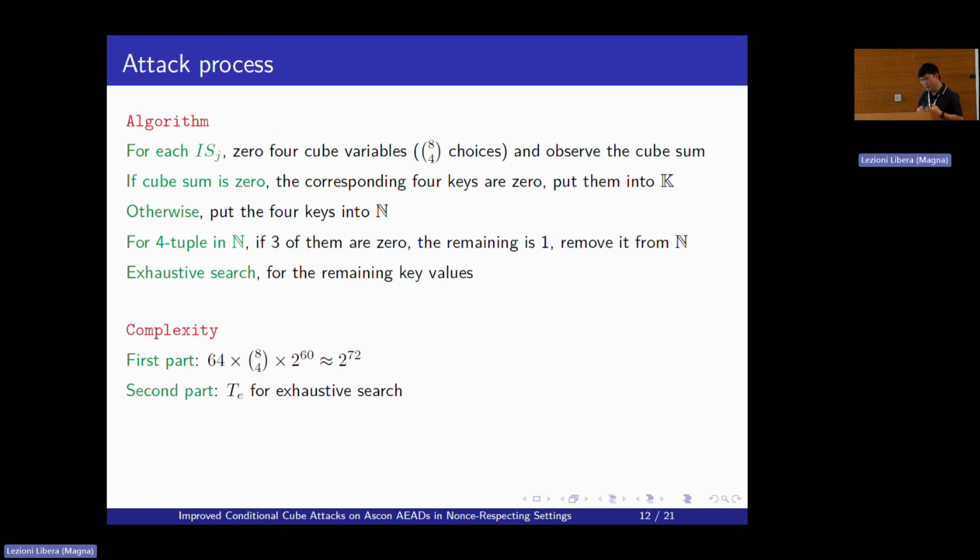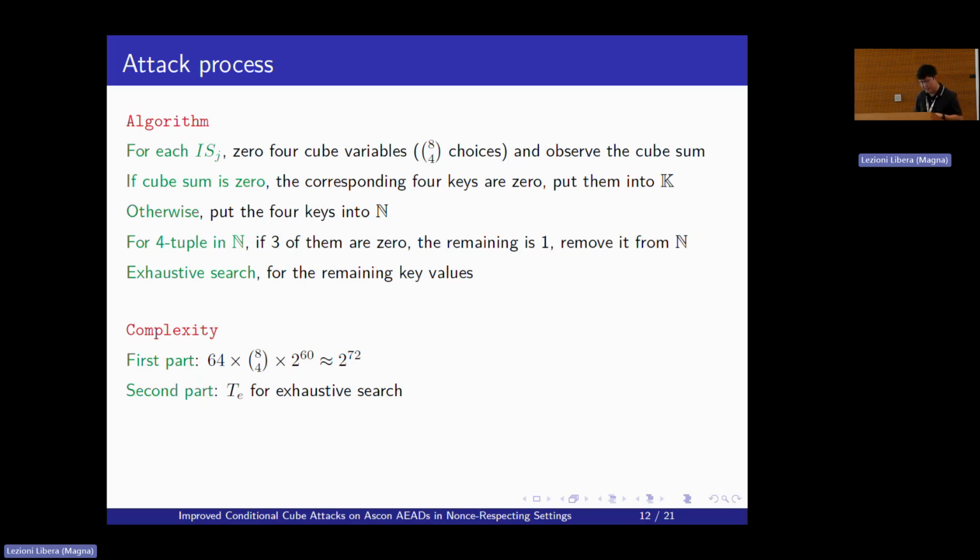If the cube sum is 0, then we know the corresponding 4 k coefficients are 0, and we put them into a set K. Otherwise, we put the 4 k coefficients into another set N. For all the 4-tuples in the N set, we check the coefficients in K to see if there are already 3 of them that are 0. If so, then the remaining one must be 1, and we can remove it from N. Finally, the k coefficients in the N set will be calculated by exhaustive search.